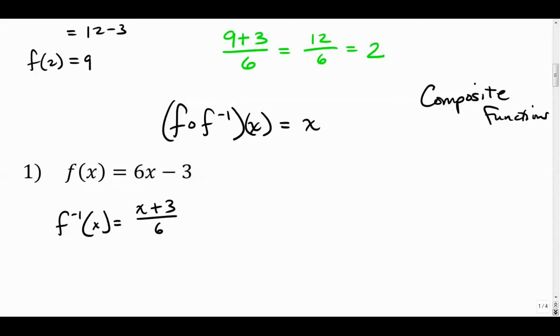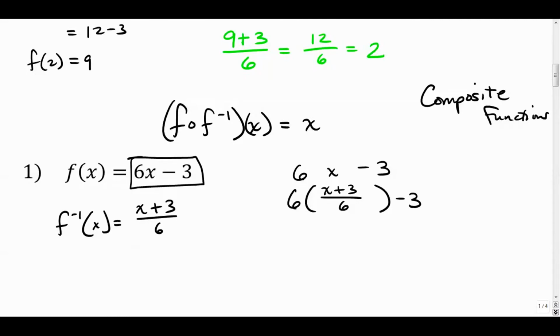So I'm going to rewrite f of x, and instead of putting an x, I'm going to put the inverse. All right, this comes from 6x minus 3. 6x minus 3. And instead of the x, I'm putting the inverse right in there.